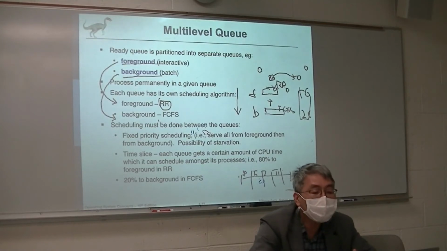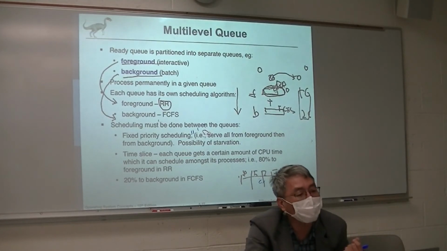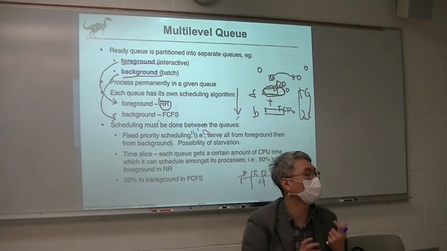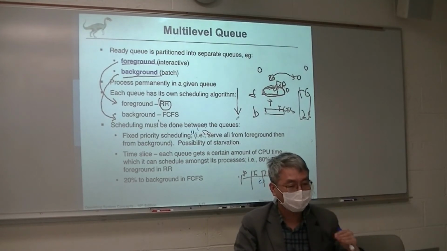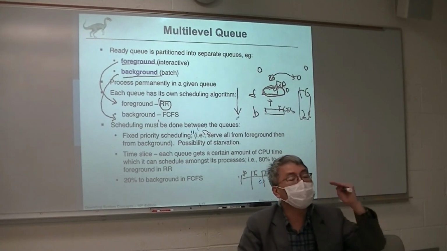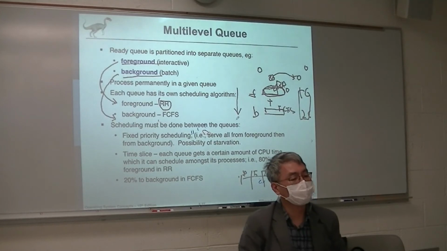Then each round selected, you can apply the CPU scheduling algorithm for each. So this multi-level queue is the best when you have a multi-core or multi-CPU system.